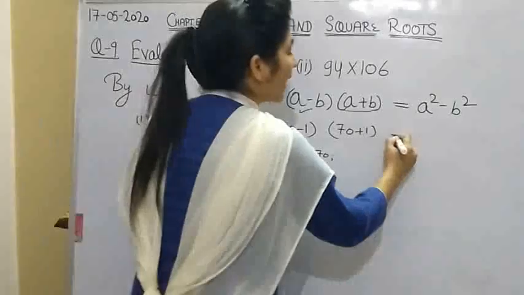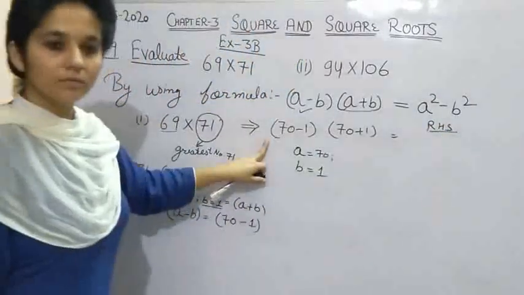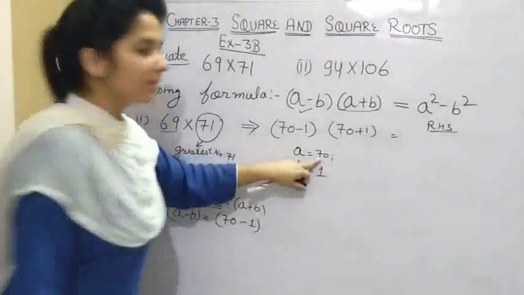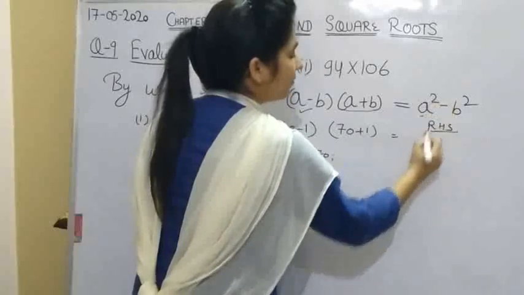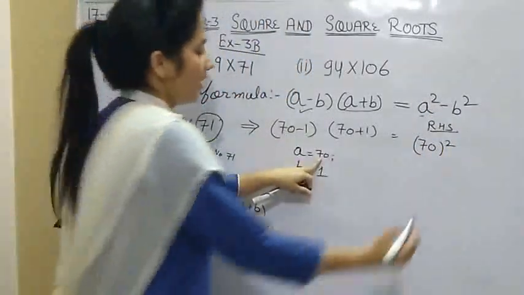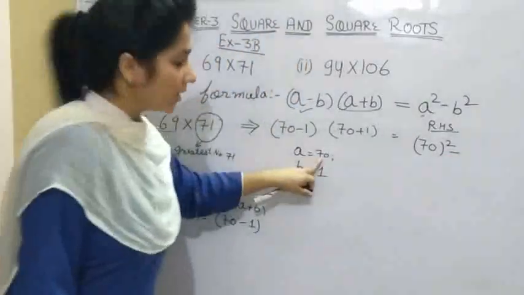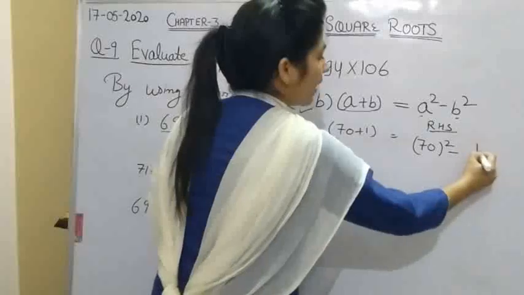Now coming to the right hand side, the value of a is 70 and there is a square of 70 minus the value of b, which is 1.